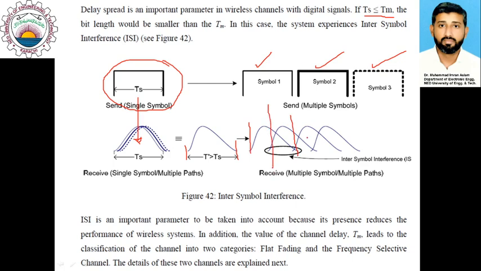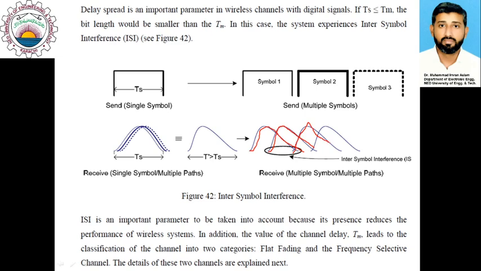The second symbol would also occupy a larger amount of time. The third symbol would also occupy a larger amount of time, and so on. And you can see that the first symbol would smear into the second symbol. Similarly, the second would smear into the third one, and so on. So one symbol would get smeared into the other symbols.